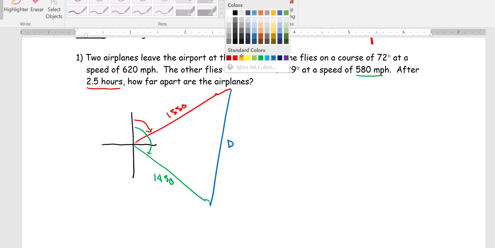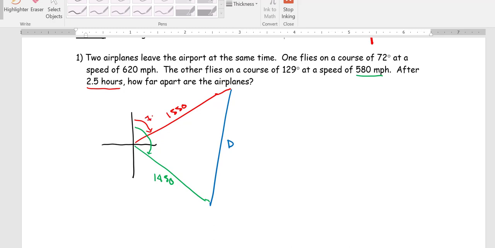Keeping in mind that this is 72 degrees and the green is 129 degrees, we've got a triangle here. I know two sides, and I can find this middle angle right here.